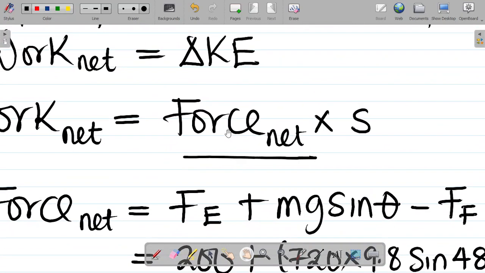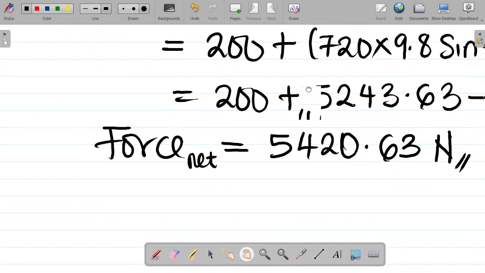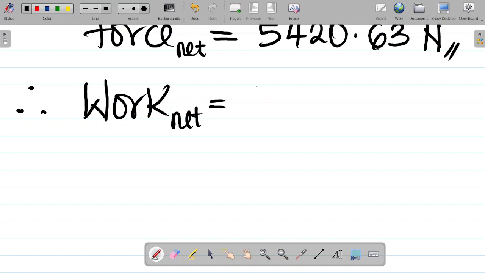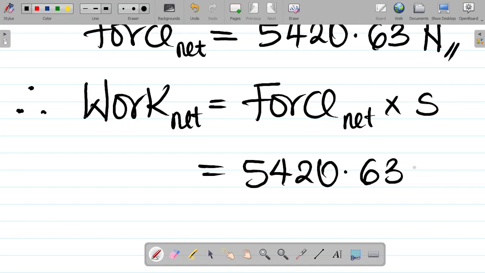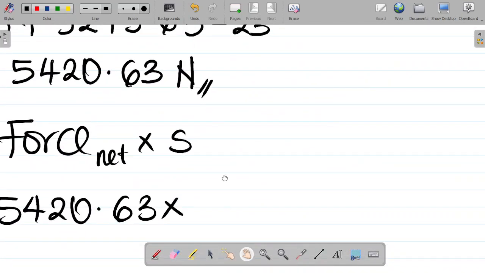Now, having got my net force, I can multiply it with distance to get my net work. From here, we can say that the total work done, or the net work, is equal to the force net times distance s. The force net is 5420.63 times the distance. The distance in this question is 4.8.